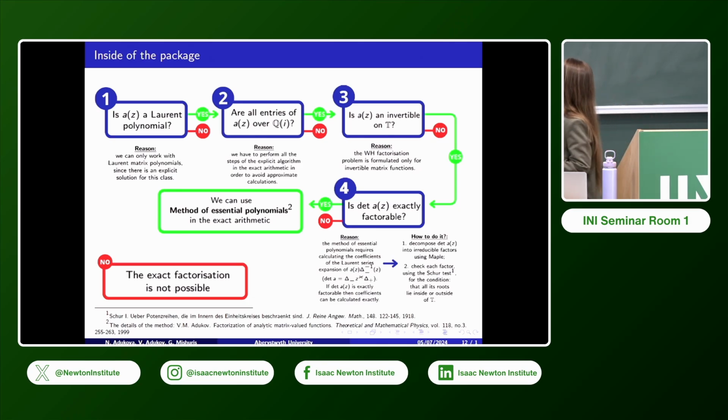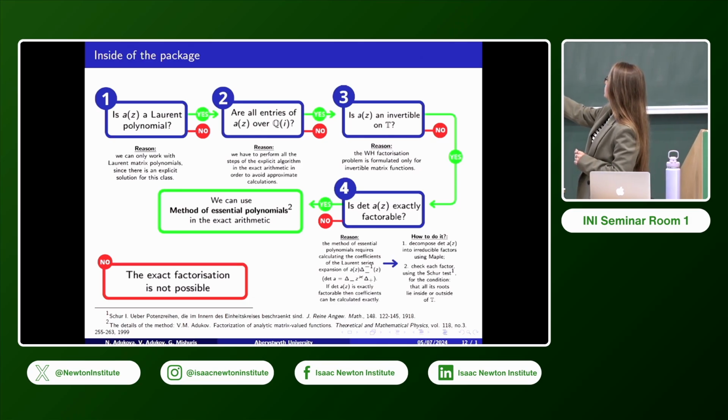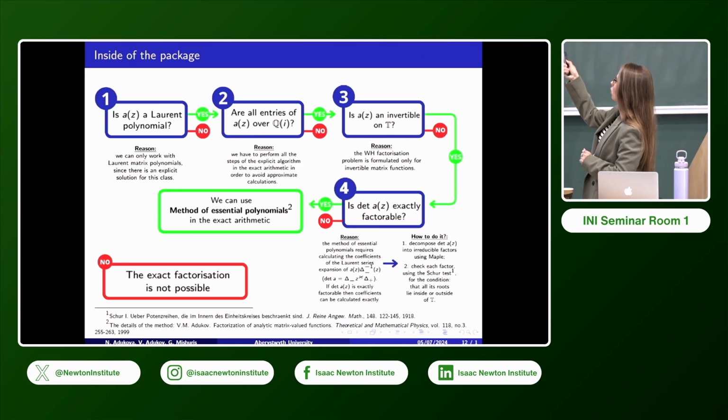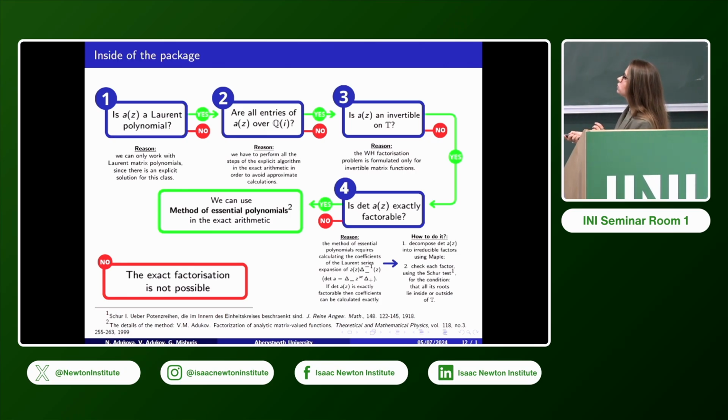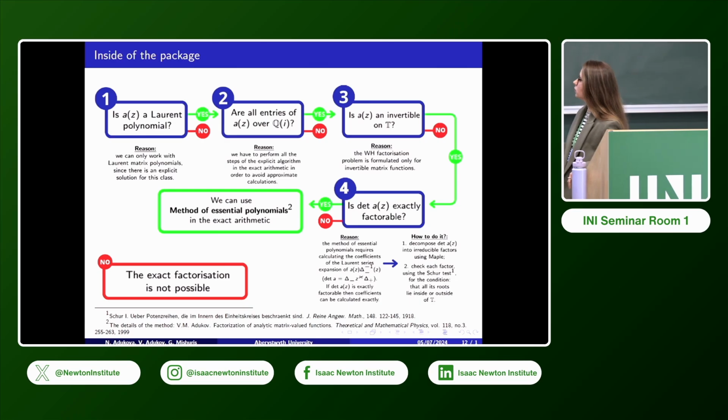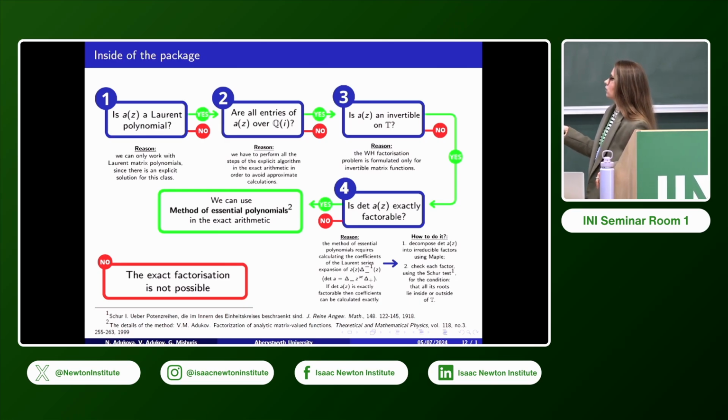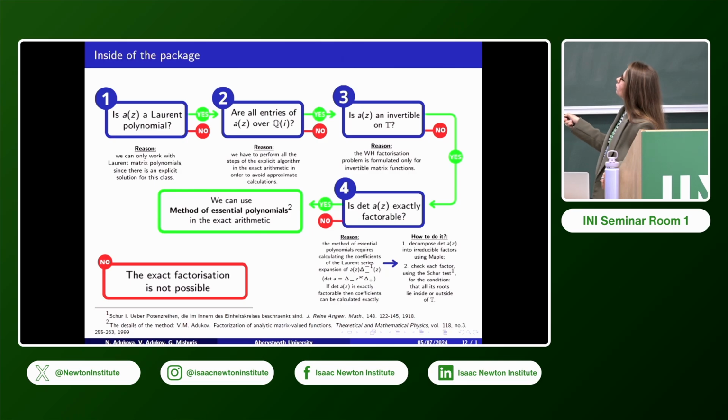So if everything is okay, yes, yes, and yes, if all four points are true, it means that we can use the method of essential polynomials in exact arithmetic. If one of them is wrong, unfortunately the exact factorization is not possible in this case.